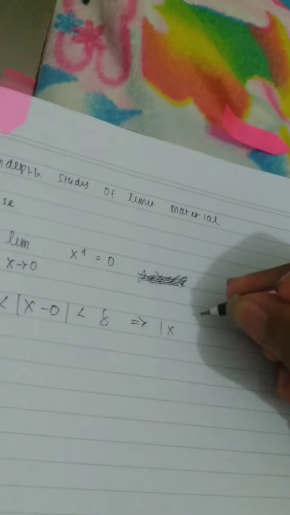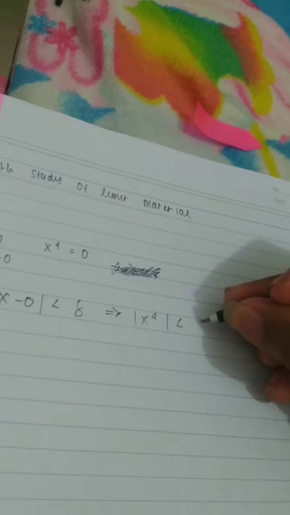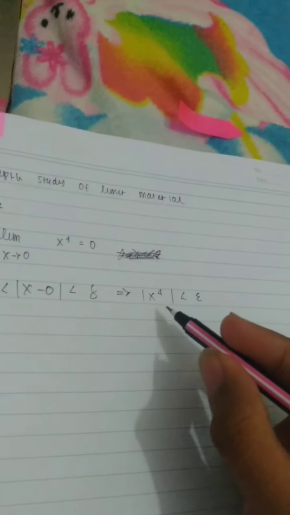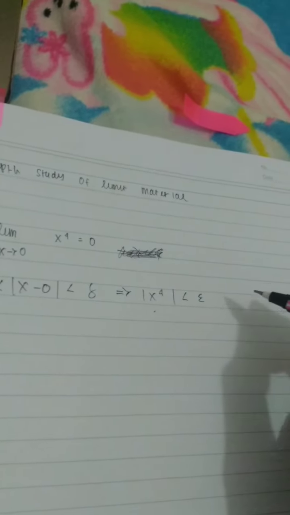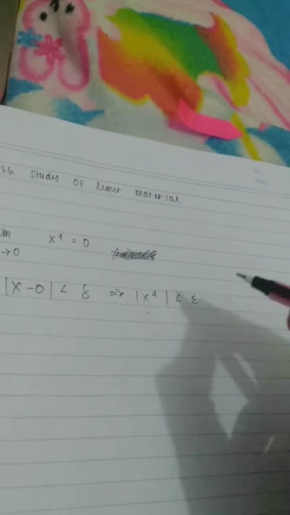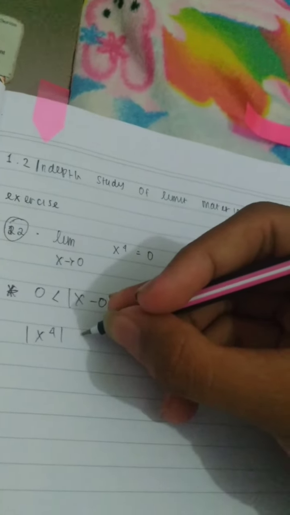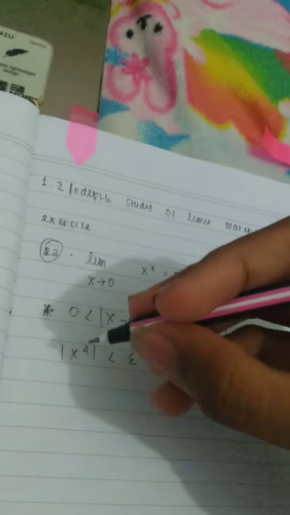Therefore |x⁴| is lower than epsilon. So we have to prove that x⁴ is less than epsilon.